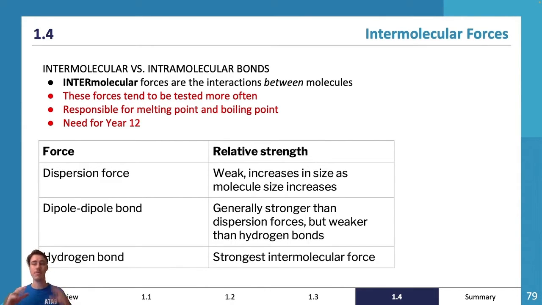So if a molecule has a hydrogen and it forms a dipole-dipole bond with another polar molecule that has a nitrogen, an oxygen, or a fluorine, it will form a hydrogen bond. This is slightly stronger than a dipole-dipole and can explain why melting points or boiling points increase a bit more in some molecules that have nitrogen, oxygen, fluorine, or a hydrogen, although they need at least two of them. That's why we call it the NOF rule. Some people call it the FON rule. I call it the NOF rule, the nitrogen, oxygen, fluorine.